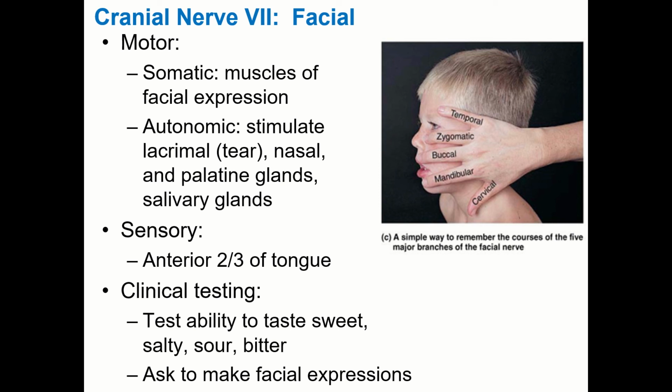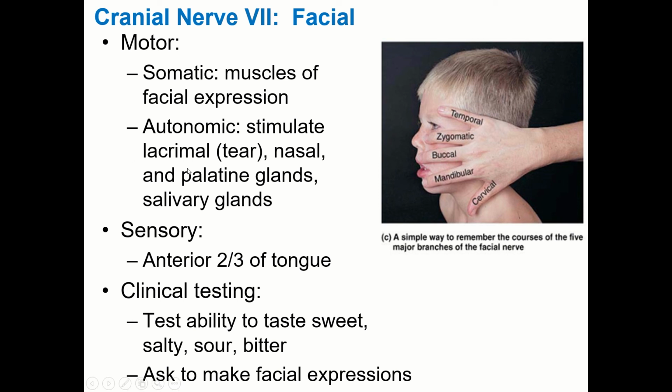So it's going to stimulate tear production, so from the lacrimal glands, and then from the next two sets, from the nasal glands and the palatine glands. Remember that your palatine bone is at the back of the mouth. Most of the roof of your mouth is made up from the maxilla, but just posterior to the maxilla is the palatine bone. And so the palatine glands are mucus glands, essentially at the back of the mouth.